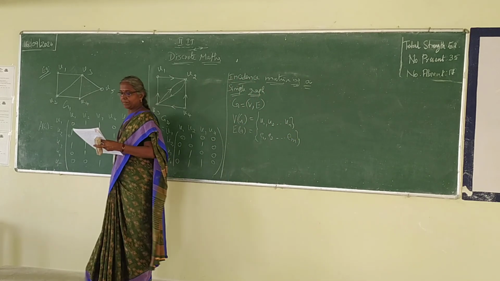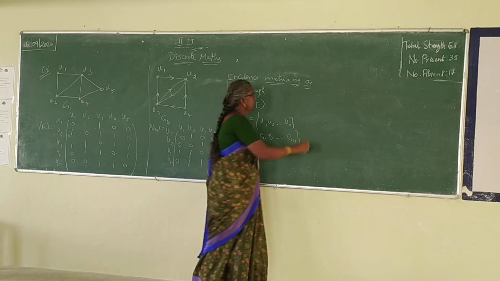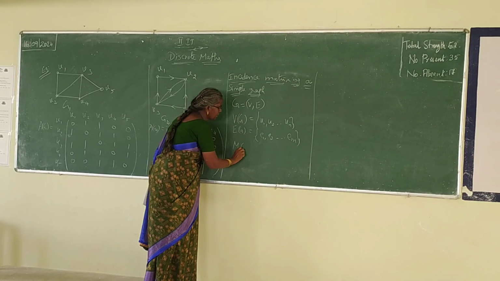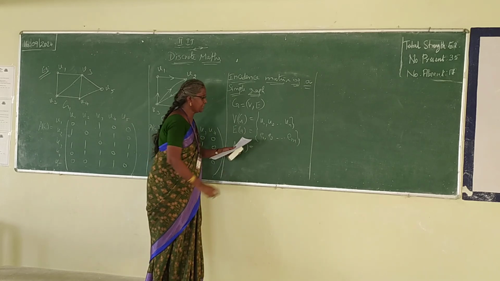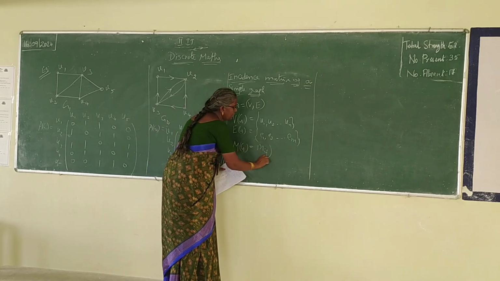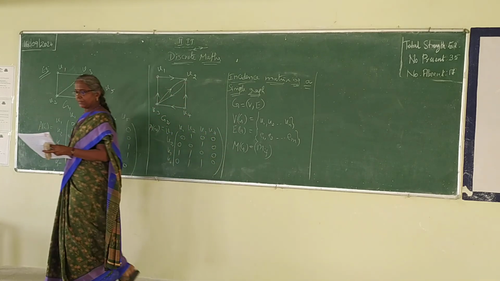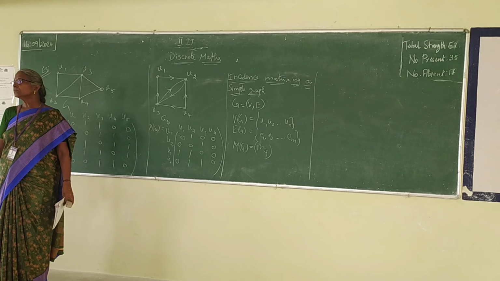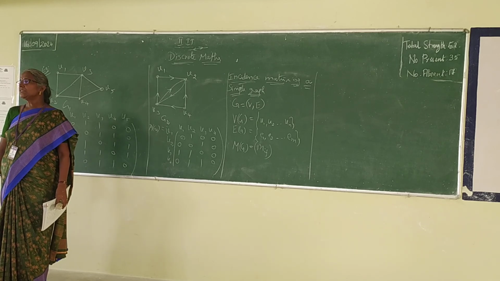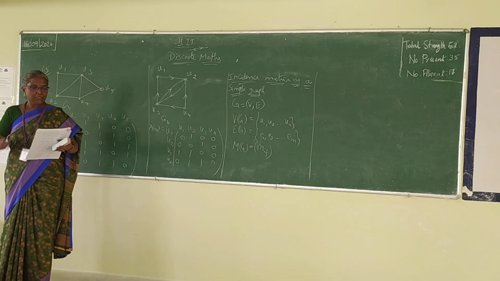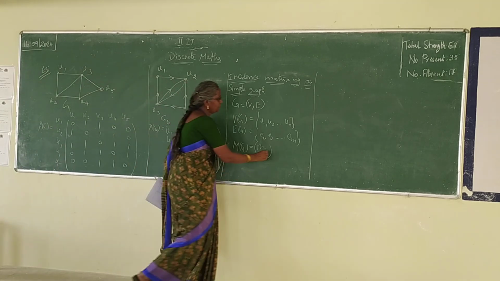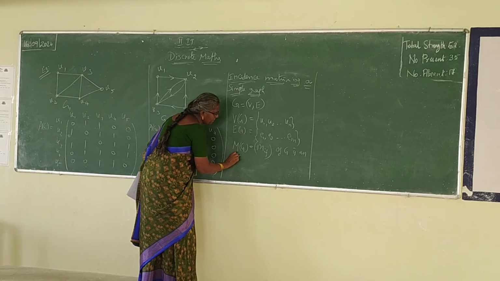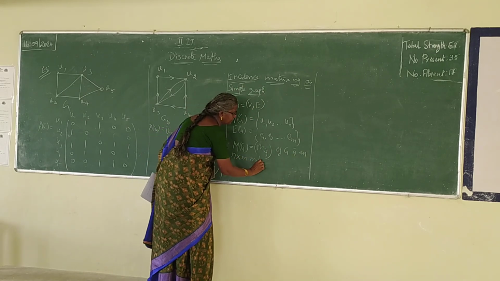Then the incidence matrix, M of G is equal to M_ij, put within ordinary brackets. M(G) is an n by m matrix. See the board and write n by m.